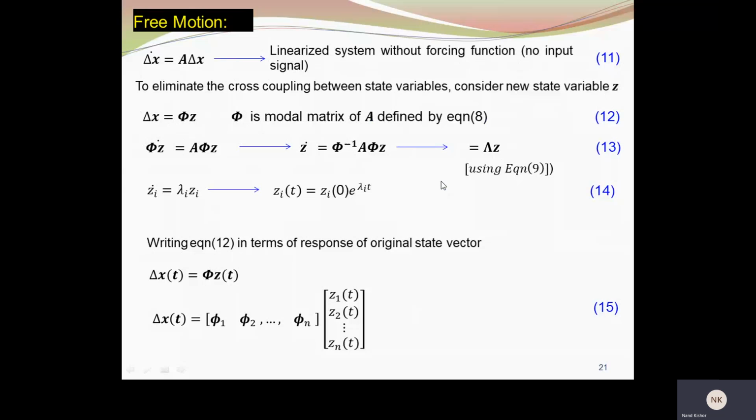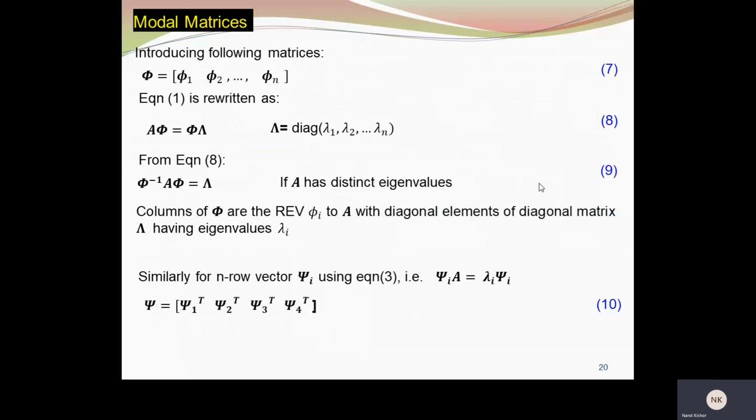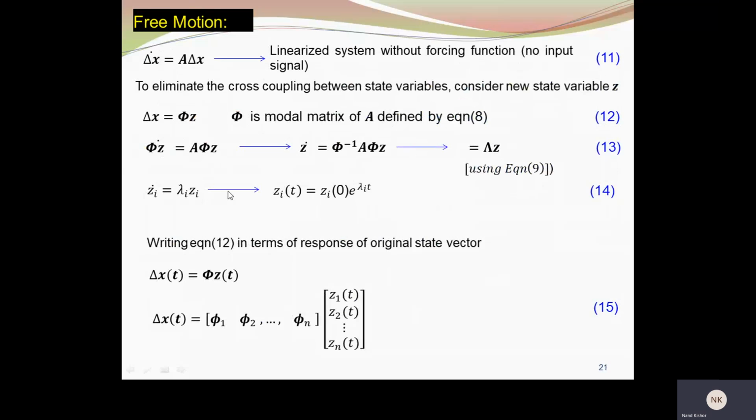Then using equation 9 from the previous slide, if you go back to this one, we can have it modified, and thus we write it in terms of equation 14. Equation 14 is a first order differential equation, as you can see, and it represents its solution here.